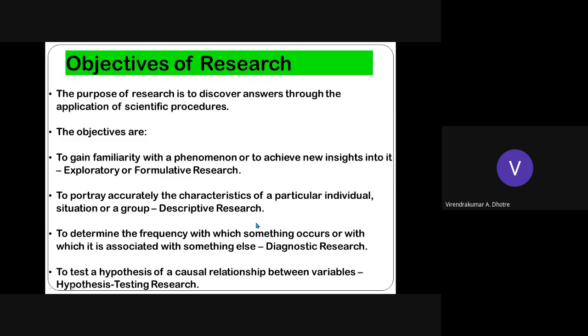So we test this hypothesis and we define the cause and the effect between particular items, elements, or variables. So this is hypothesis testing research. If we take too many particles of hydrogen and only a single O, definitely the effect will not be the same, right?